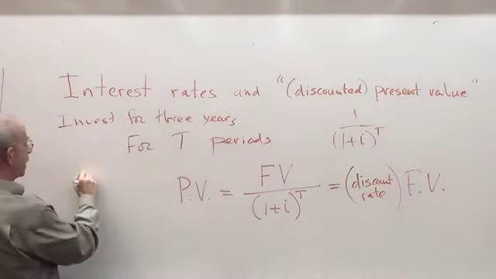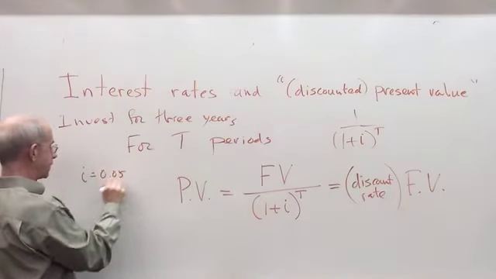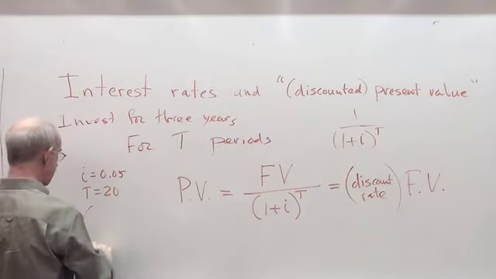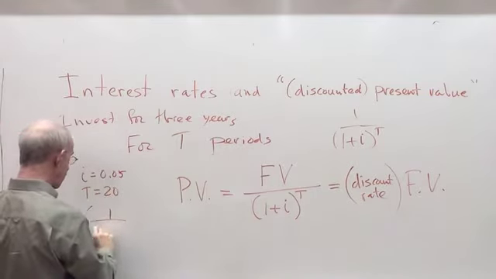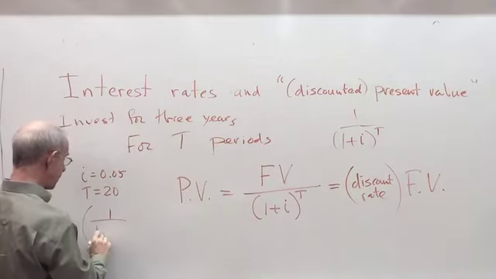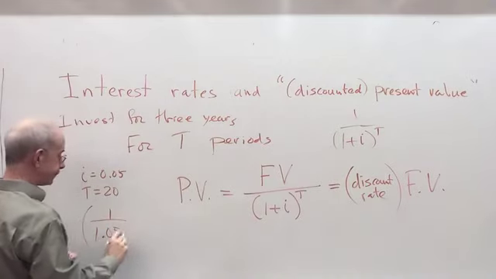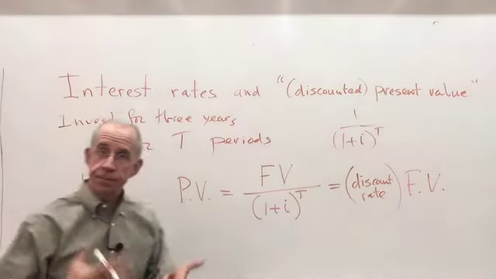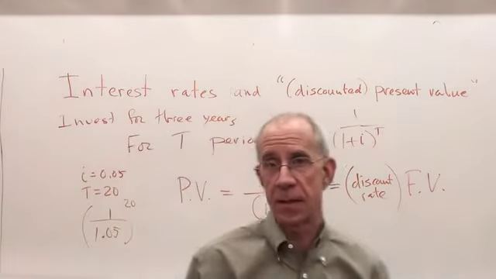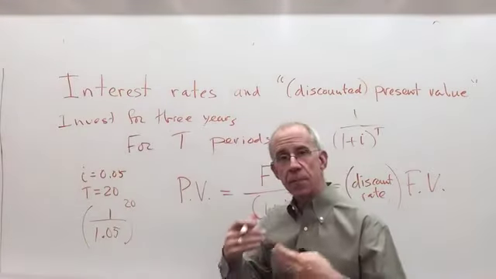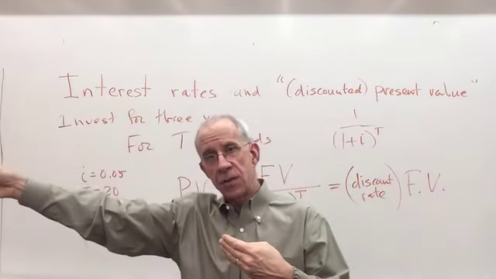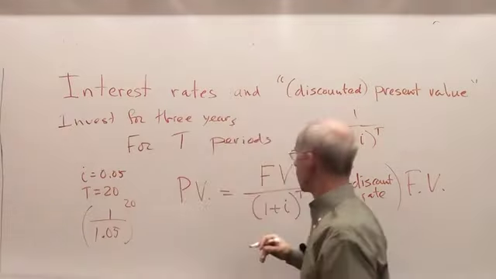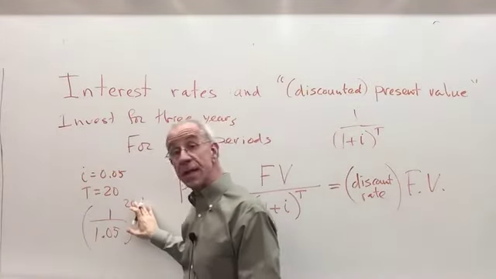So for example, have an interest rate of 5%. If t was, say, 20 years, the discount rate would be 1 over 1.05 to the 20th power. You can just plug that into a calculator and see the number that you get. And you'll see that the more periods ahead you go, the bigger this denominator gets.